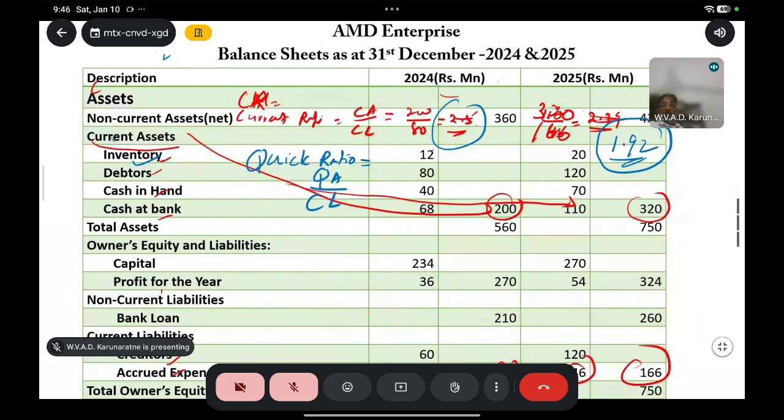If we reduce inventory from our current assets, then quick asset is 200 minus 12, divided by current liability, that is 80. Yeah, correct.